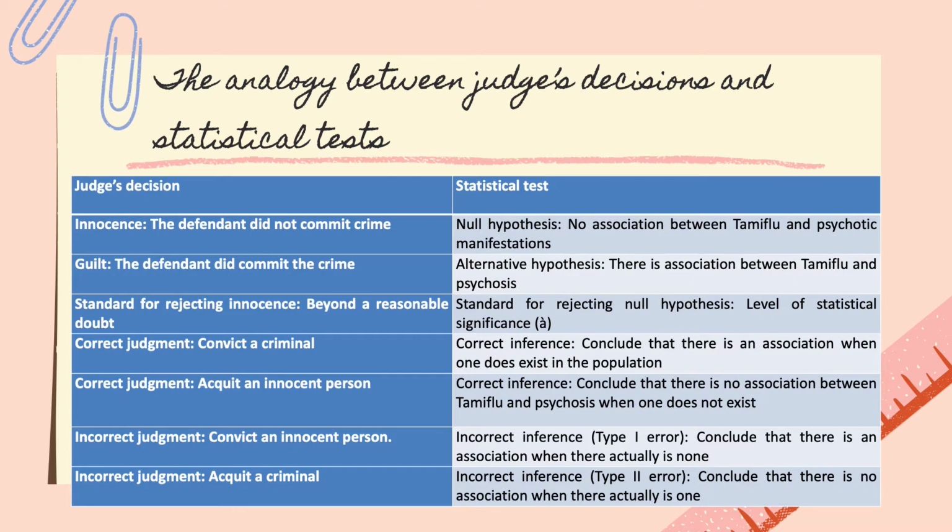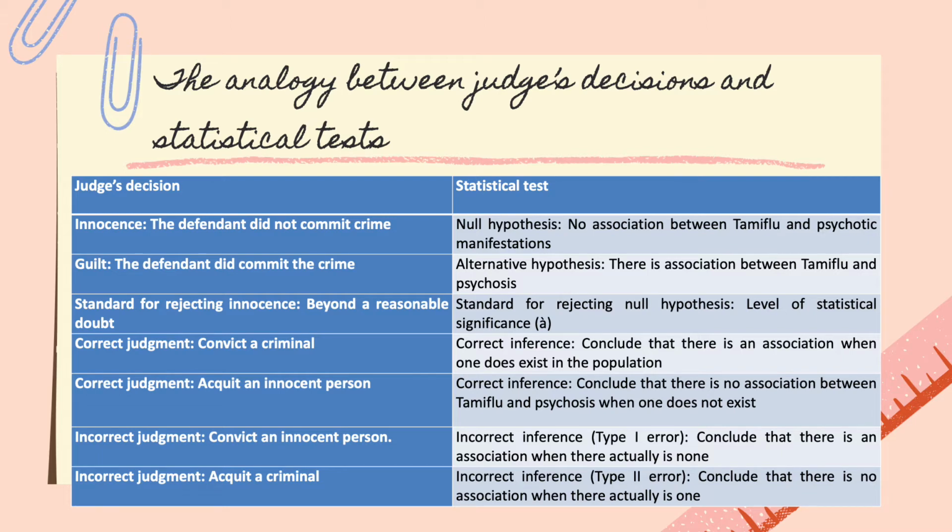Let us simplify it by having an analogy between judge decisions and statistical tests. If a judge's decision is innocent, the defendant did not commit the crime. It is just like stating a null hypothesis, where there is no association between Tamiflu and psychotic manifestation, meaning your Tamiflu is innocent.